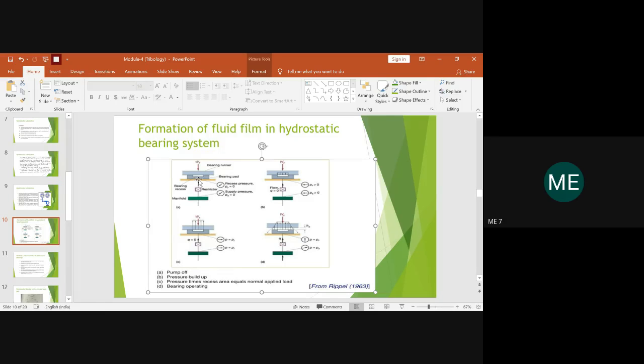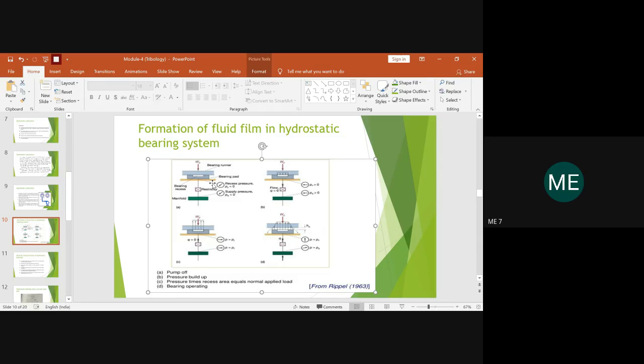You will be having a pressure indicator connected here, which shows what the pressure across the recess is. Similarly, here you will be having the supply pressure, which will be measured by one more indicator. Usually the supply pressure is represented by P suffix S, and the recess pressure is mentioned by P suffix R. I'll tell you in depth how the process takes place.